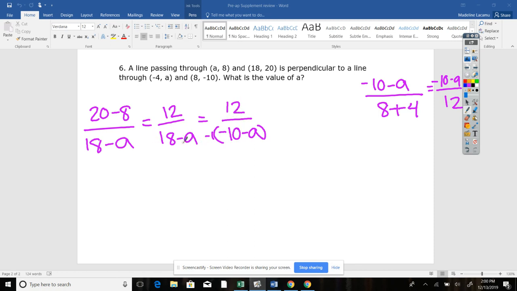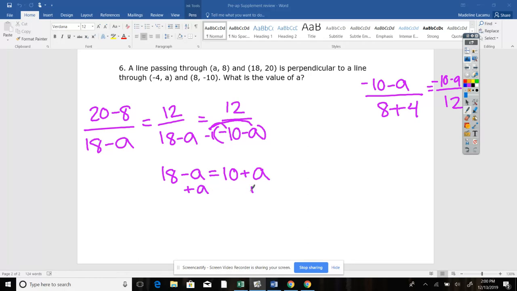All we're going to do is make these two bottom ones the same. So it's 18 minus a equals, now let's go ahead and multiply this negative 1. Negative 1 times negative 10, negative 1 times negative a. Negative times a negative becomes positive. So now I'll get my variables to the same side.